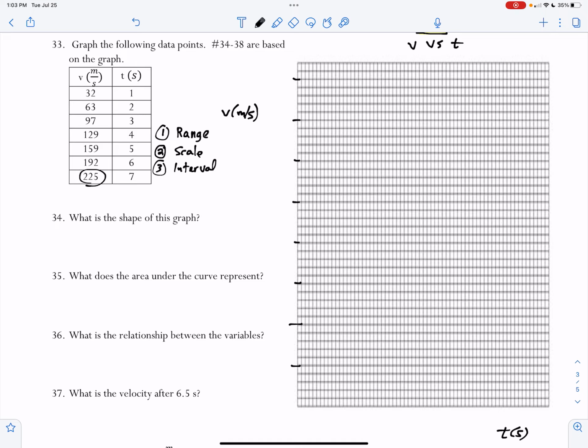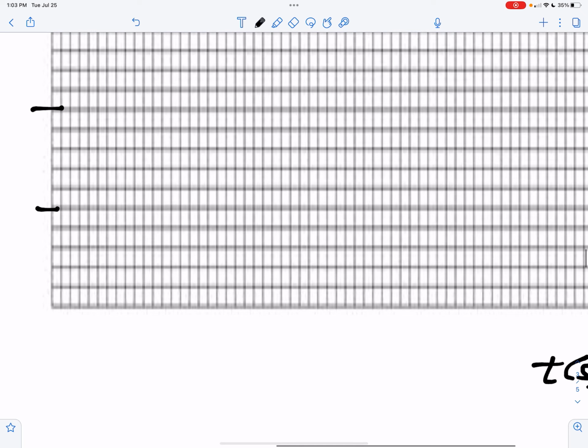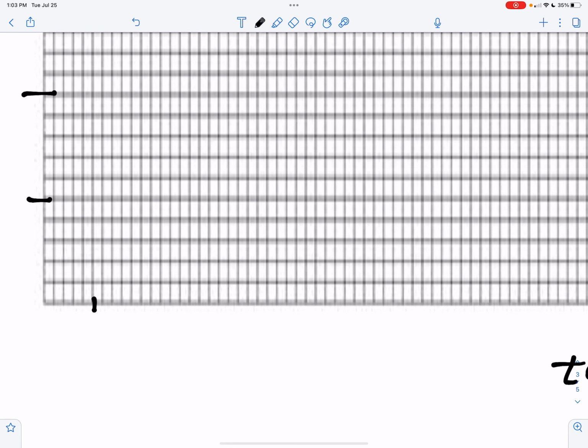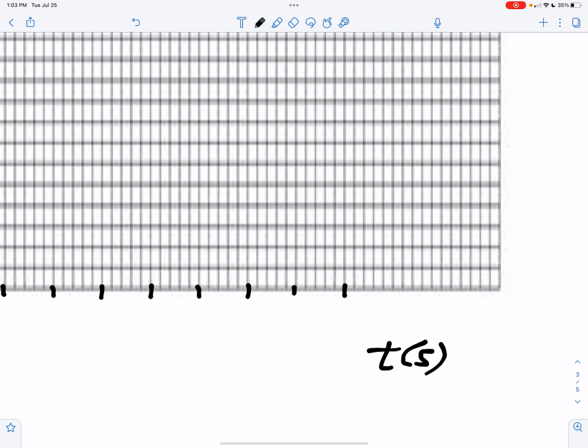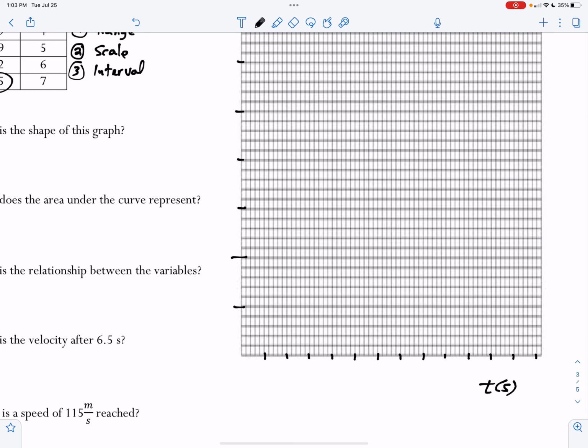Got 42 boxes up. And then same thing across the bottom. I have 5, 10, 15, 20, 25, 30, 35, 40, 45, 50, 55, 60, 65, 66.